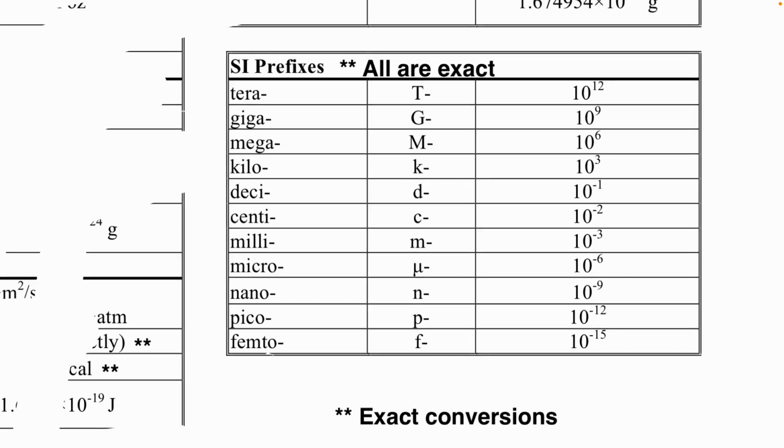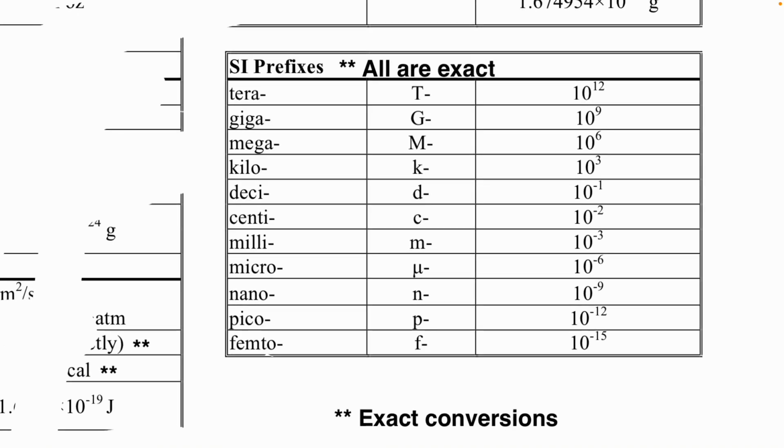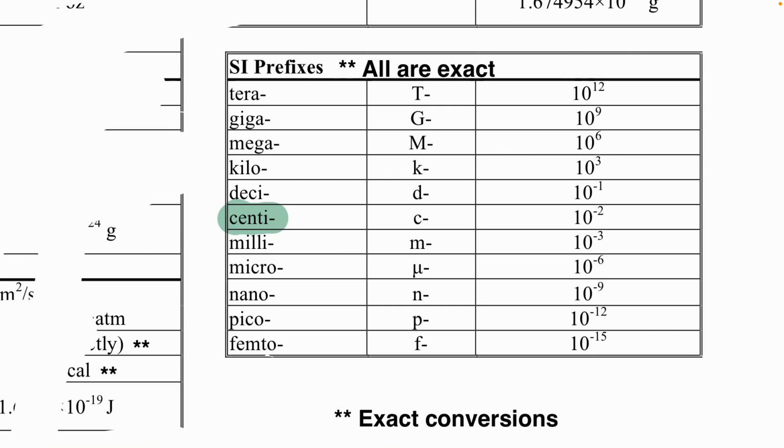All right? We can see that on the left-hand side, we have a bunch of these prefixes. So for example, centi. I think everybody's heard of centimeters before. Okay? This is this prefix centi. We use the letter C. All right? Then we have this value over here, 10 to the negative 2.